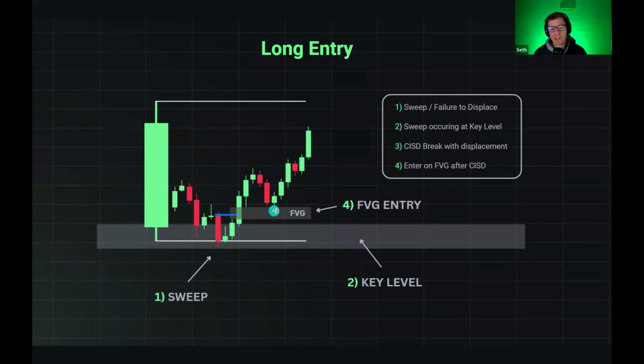So we can catch that continuation entry, either targeting the highs over here or relative liquidity. But it's just one other piece of the puzzle we've added. Instead of entering here at CISD, we're waiting for price to retrace into this fair value gap that was created at the displacement break of the CISD.